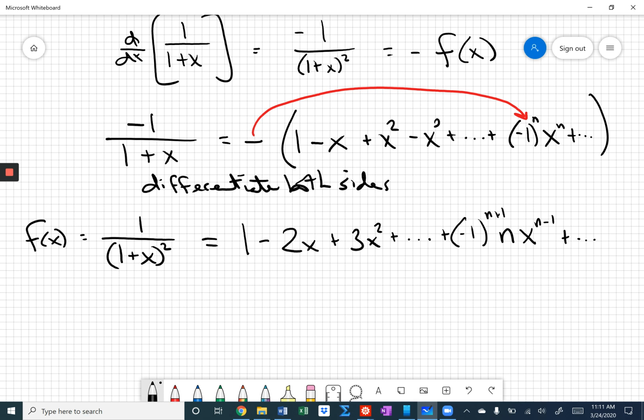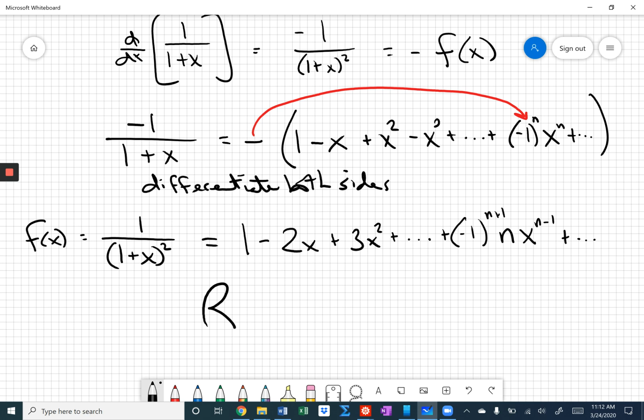Okay. The radius of convergence, remember, when you apply differentiation or integration to a power series, does not change. You may lose the endpoints when differentiating a power series.